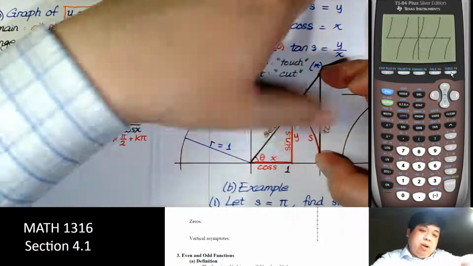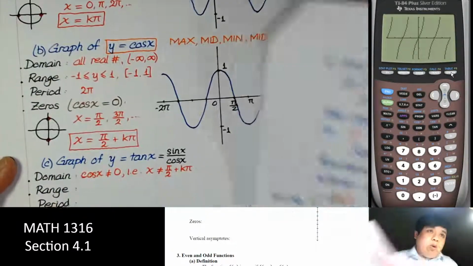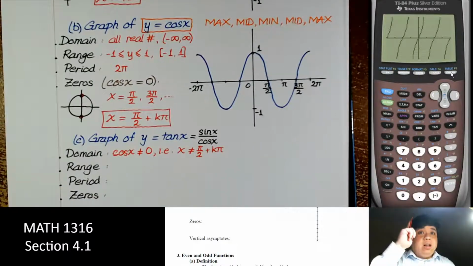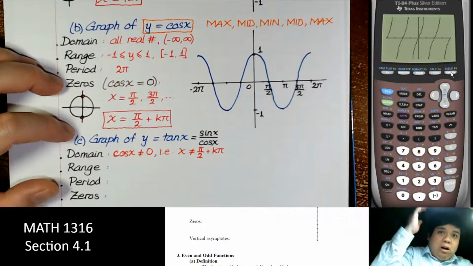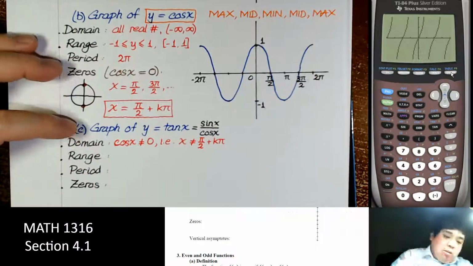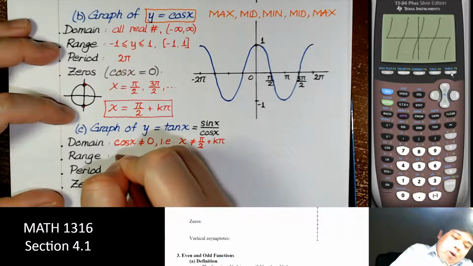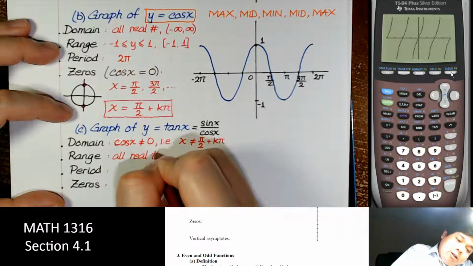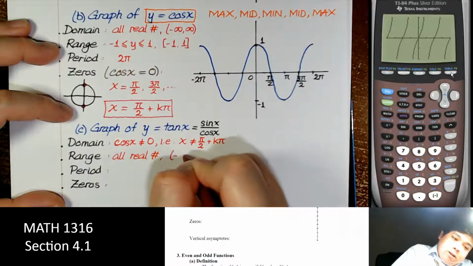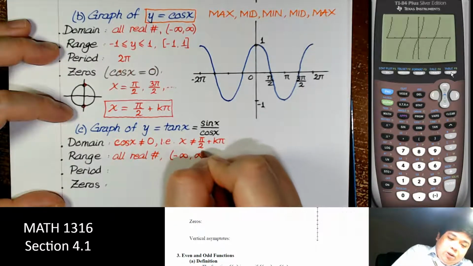So it will be the whole axis. Showing the range for the tangent, as you see in the graph, it goes up and down. There's no bound on the top and the bottom. So the range will be all real numbers. It's negative infinity to infinity.